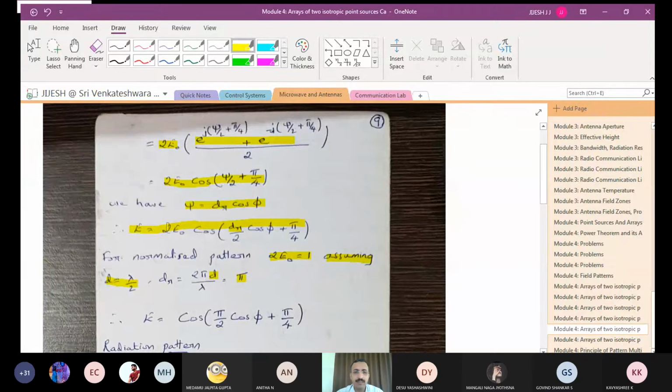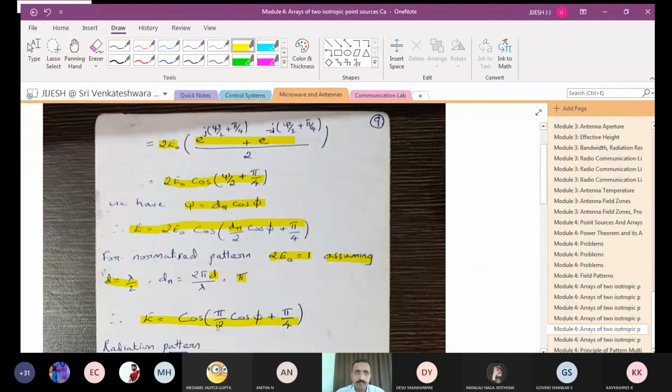So we can rewrite this equation, that is E is equal to 2 E naught cos of dr by 2 cos phi plus pi by 4, as E is equal to cos of pi by 2. In place of dr we have substituted pi, so it is pi by 2 cos phi plus pi by 4. So we get the equation for E as cos of pi by 2 cos phi plus pi by 4.